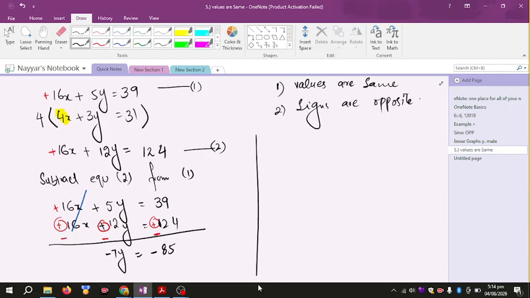So you can see that now negative 7 is multiplying with y, right? You know that according to the rule of the equation, if something is multiplying on one side, when we move it to the other side, it will be divided.